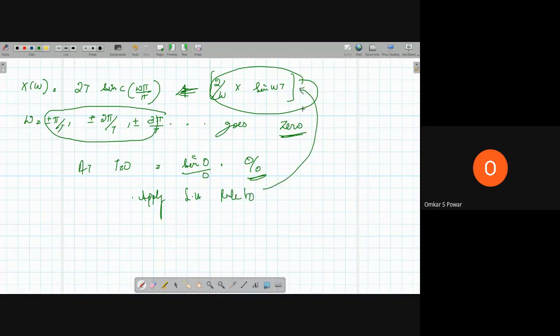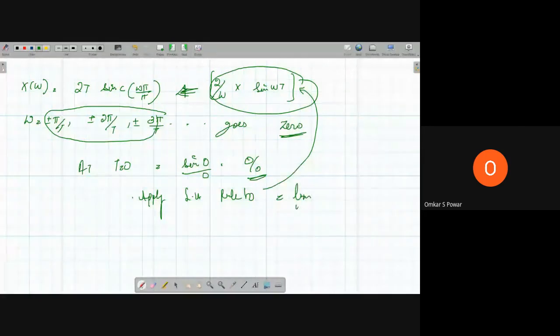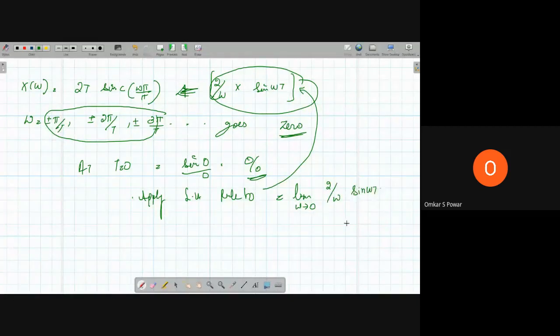Okay. So what will you get? Limit omega tends to 0 of 2 by omega sine omega t. You have to differentiate the numerator and denominator with respect to omega.